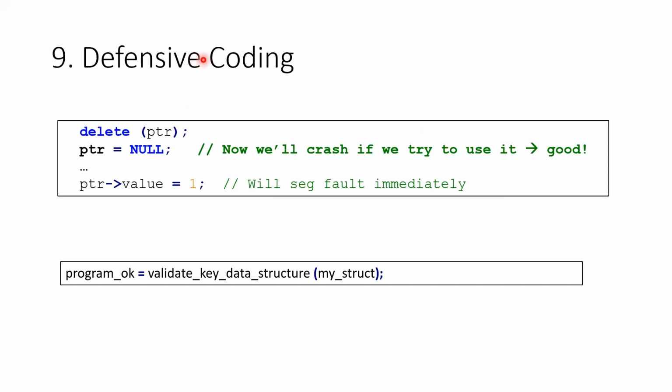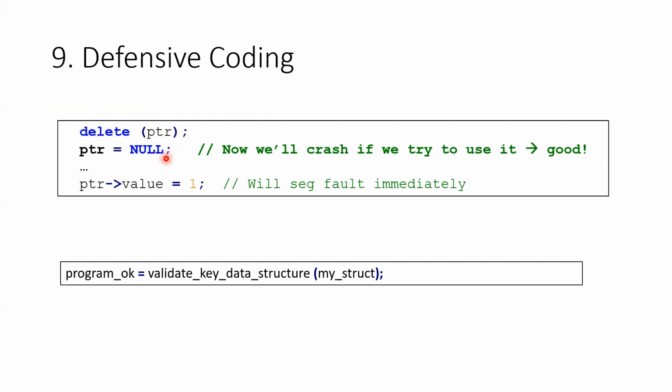And another defensive coding practice is to set all of the pointers that you just deleted to null. This is to prevent you from using them again. If you do not set it to null, you may get some garbage value, and your program will likely crash at some point, or it won't crash, but your values will be wrong and weird.